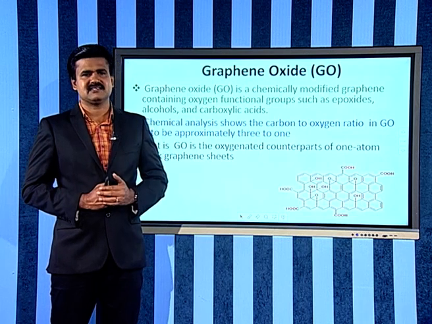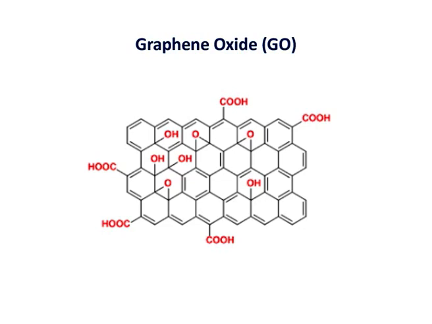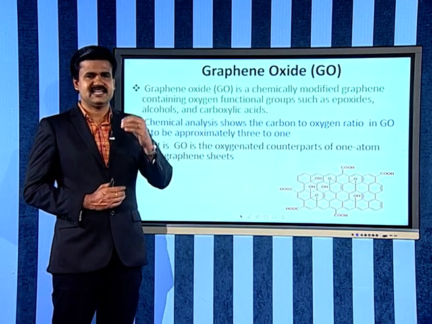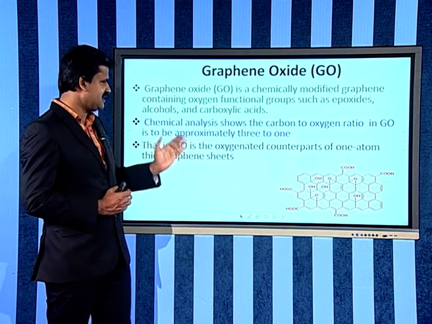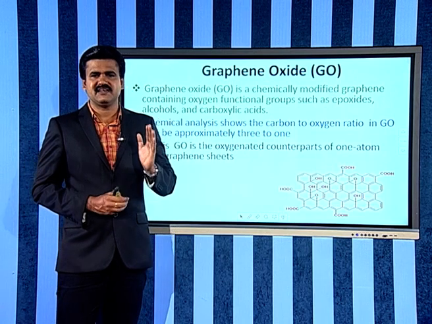Chemical analysis revealed that the carbon to oxygen ratio in graphene oxide is approximately 3:1. Graphene oxide is the oxygenated counterpart of a one-atom-thick graphene sheet.